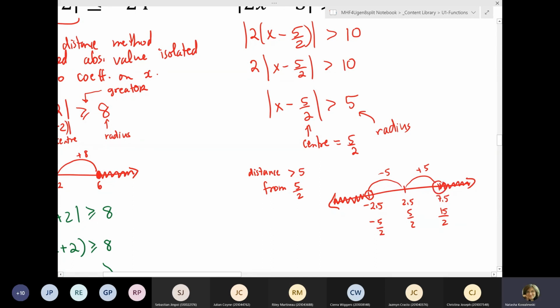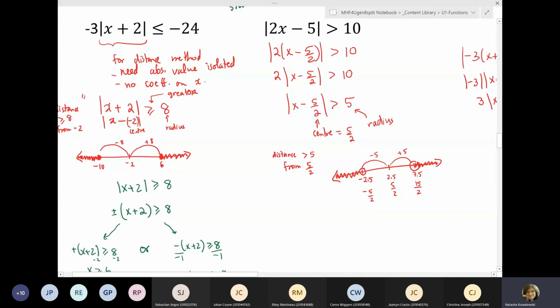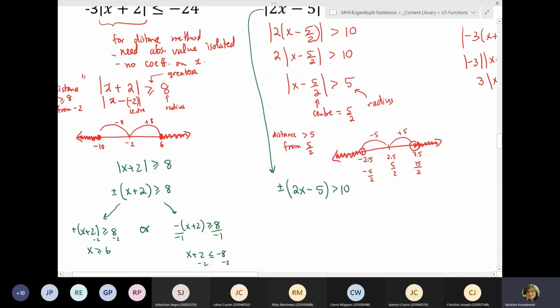So that one's done. Let's just do it with algebra. If you really don't understand that, then feel free to use the algebraic method. It just takes a little bit of time. So let's say I'm going to continue on from this step over here. Or I could actually, let me do it from the very beginning. Doesn't really matter. So you're going to do plus or minus, drop the absolute values, keep everything else the same.